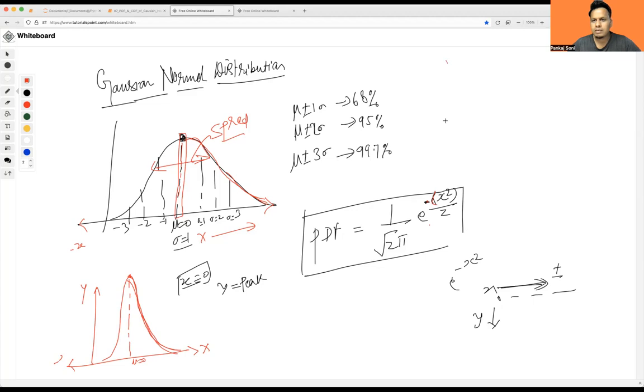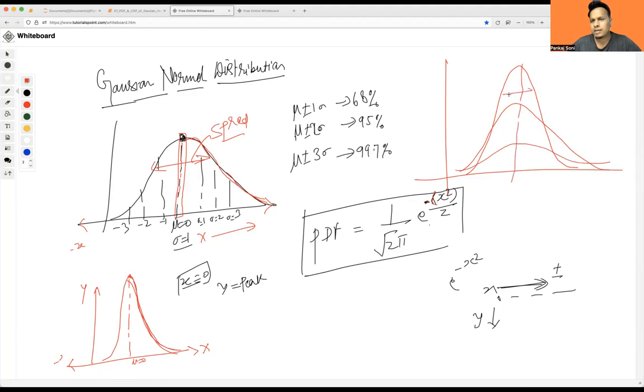So let's say I will plot bell curve with different spreads. One spread is like this, another spread is like this, another spread is like this. Okay, so spread is less means all your values are coming between, let's say, 0 to plus minus 1 sigma. Okay, so here let's say mu equal to 1, and if spread is more means your mu is little high.